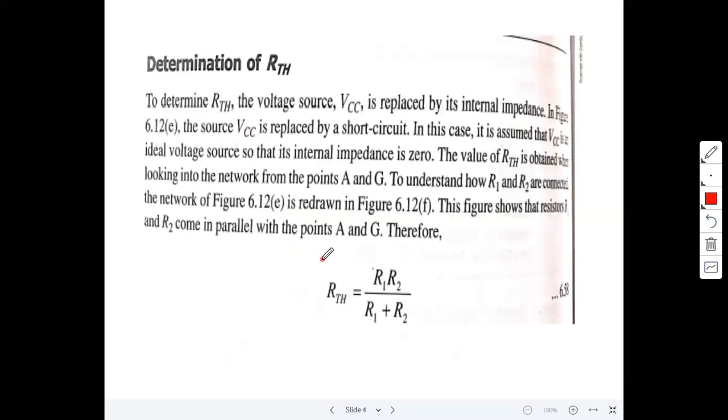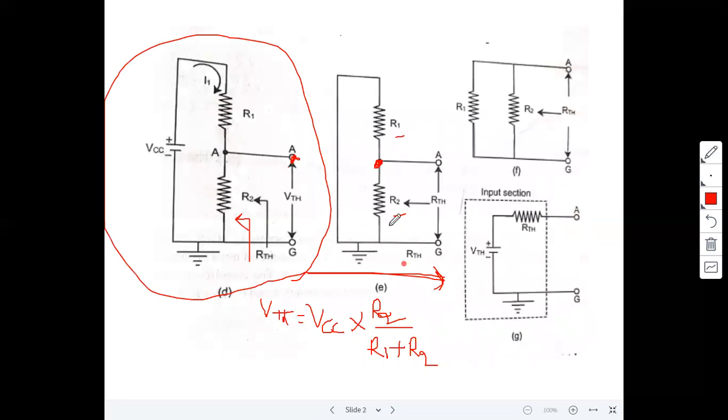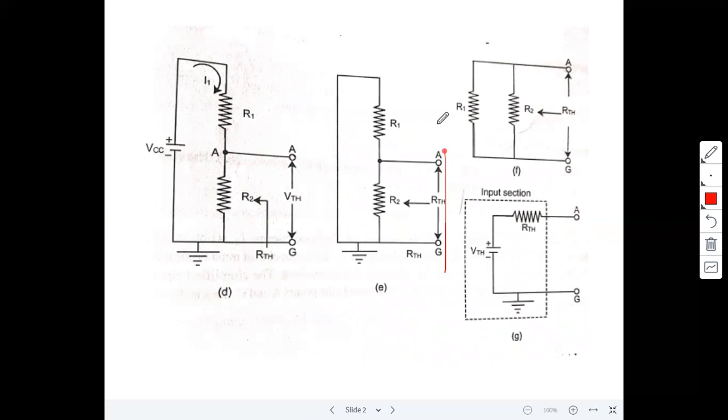Similarly, R Thevenin is equal to R1 parallel to R2, so that R1 into R2 by R1 plus R2. I already explained that while calculating R Thevenin, use this equivalent circuit, where the voltage source is replaced with a short circuit.